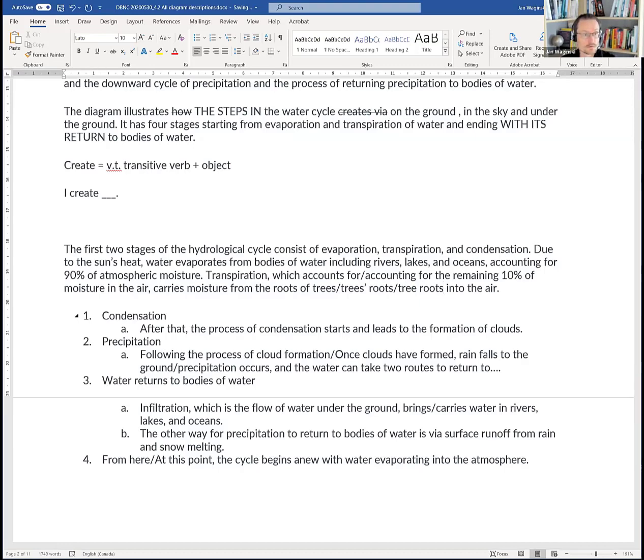But it's the roots of them. It's plants, any plants, right? Not just trees. Let's be less specific. Right, because the diagram shows trees, but obviously it would be any kind of plant life.